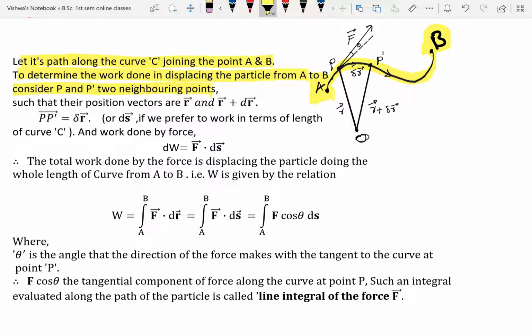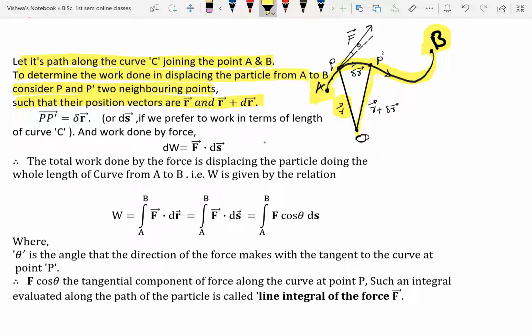For that, consider two neighboring points P and P prime such that their position vectors are r and r plus dr. Here r is the position vector of point P from the origin, and r plus dr is the position vector of the object at P prime from the origin.